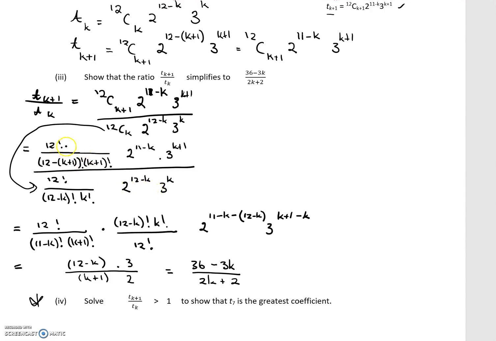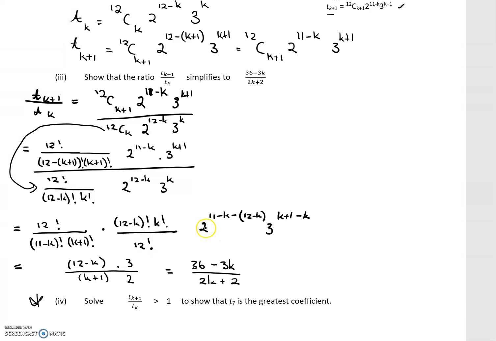Now, what I've done is I've taken this top fraction divided by the bottom fraction. When you have one fraction divided by another, you invert and multiply.